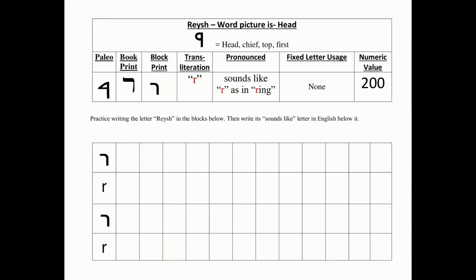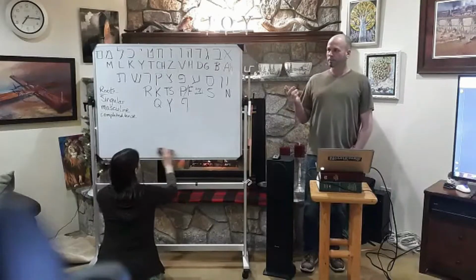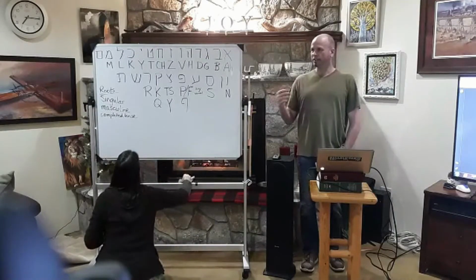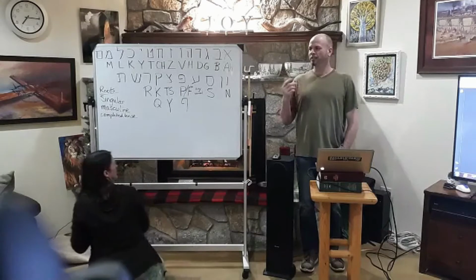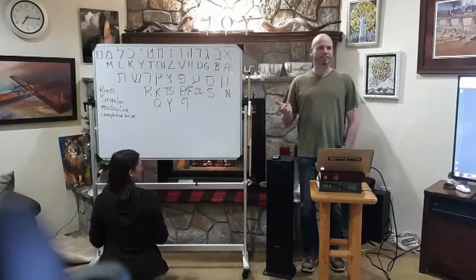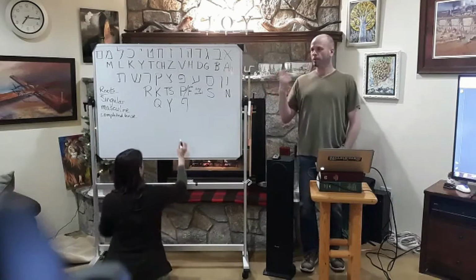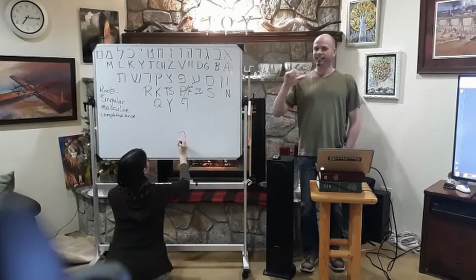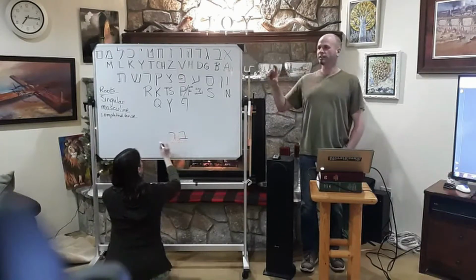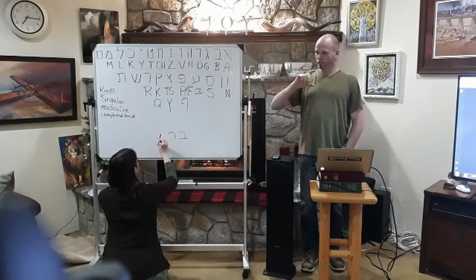So, head, chief, top, what is first? And the resh, like in the beginning. Berashiyt. You see, I rolled that. I can do a lot better when I have another letter in front of it. Berashiyt. In the beginning, that's the first word of Genesis chapter 1. Ba is in, and Reshit is the word there.